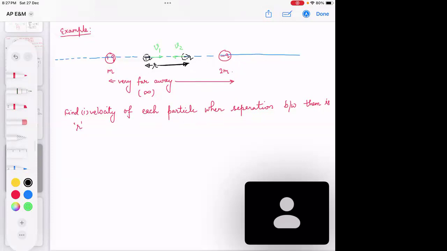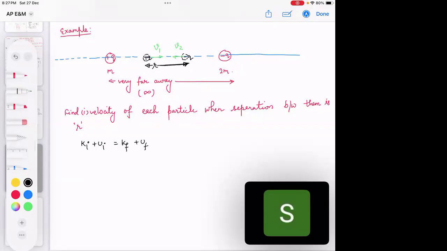Okay, first equation. K initial plus U initial will be equal to K final plus U final. Please tell me, what is initial kinetic energy?